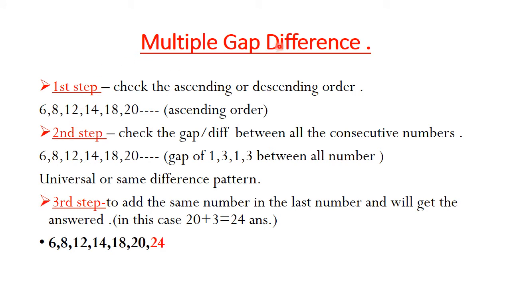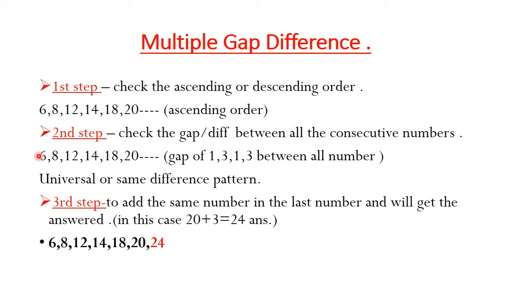The next pattern is multiple gap difference. The first step is to check whether the series is in ascending or descending order. Here we have the series 6, 8, 12, 14, 18, 20. It means the series keeps on increasing, that is ascending order. The second step is to check the gap difference between all the consecutive numbers.